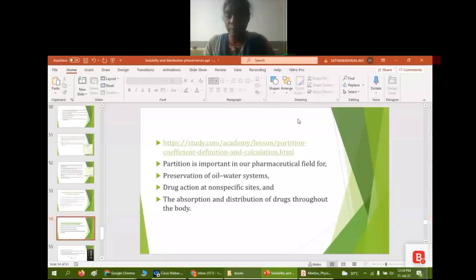So, to elicit drug action for a particular activity, the drug must have a proper or sufficient lipophilic nature. The drug must have sufficient lipophilicity. Why?